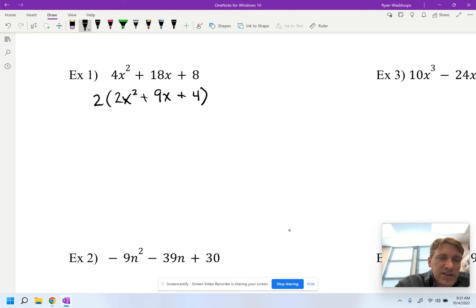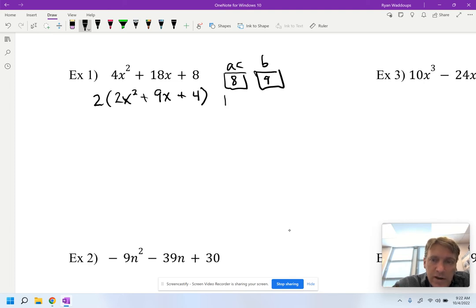So now I'm just considering the part inside the parentheses. And so I say AC is 2 times 4, or 8, and B is 9. And I look for the numbers that multiply to 8 that add to 9.